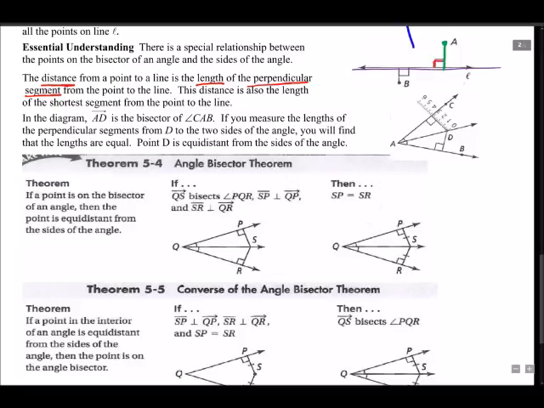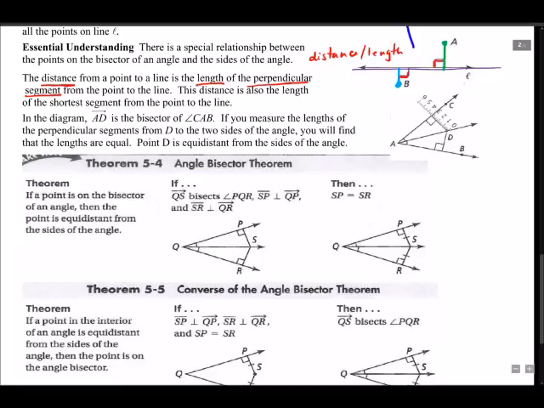If I want to find out how far away from line L point B is, I have to draw a line that is perpendicular. So the key thing here is distance or length.